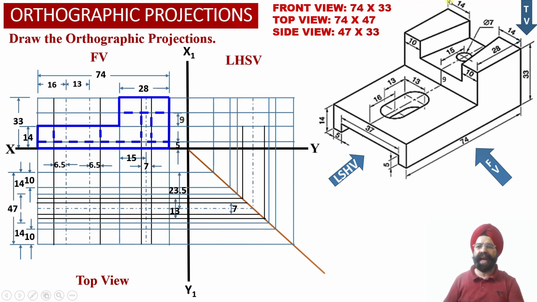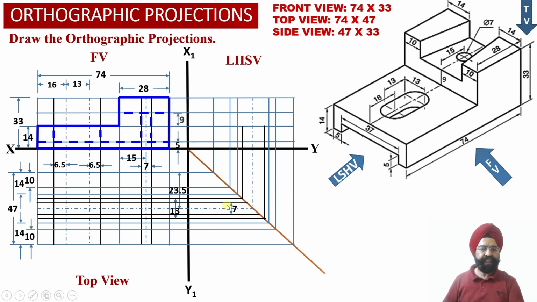Another thing we know is that corresponding to this circular slot, these two endpoints of the diameter need to be located. So the diameter is 7 millimeter. From this center line, we will be taking an offset of 3.5 millimeter towards the rear surface, and 3.5 millimeter offset we are going to take towards the front surface of the solid.